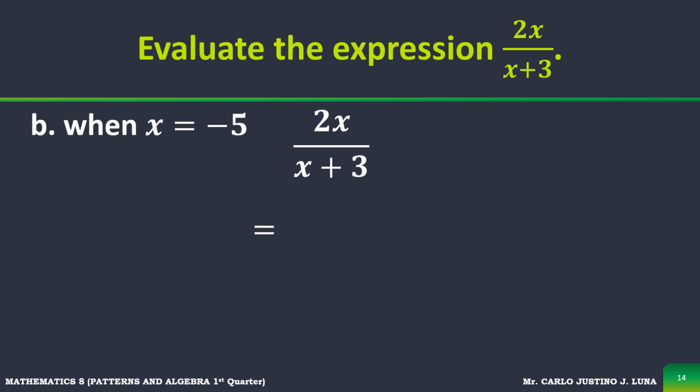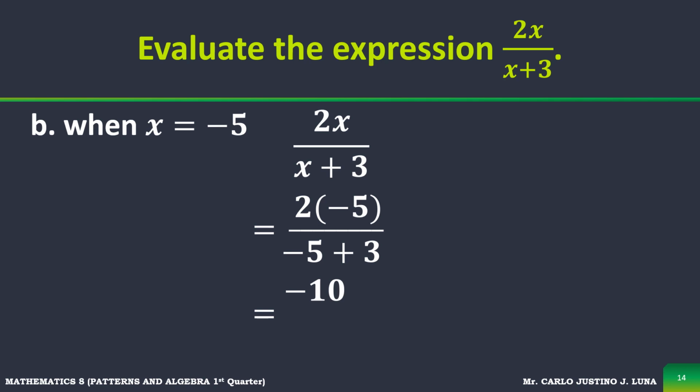It equals 2 times negative 5 over x plus 3. It will become negative 5 plus 3. Okay? And then, solve. 2 times negative 5 is negative 10.